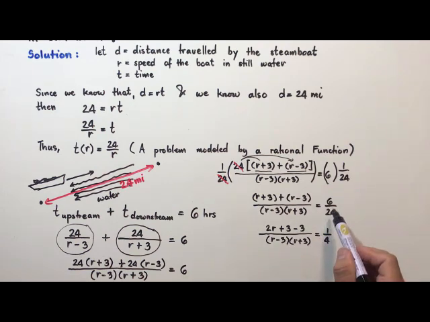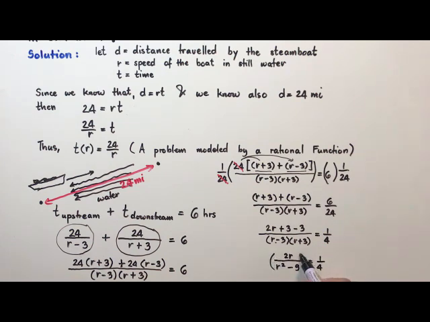Because if you divide 6 by 6, that's 1, and 24 by 6 is 4. So this is 2r over, if you multiply these two binomials, that's the sum and difference of two terms. So this is r squared minus 9, which is equal to 1/4.